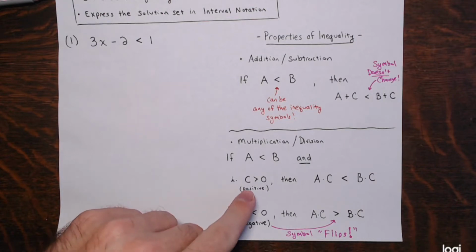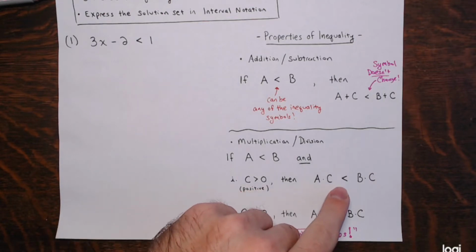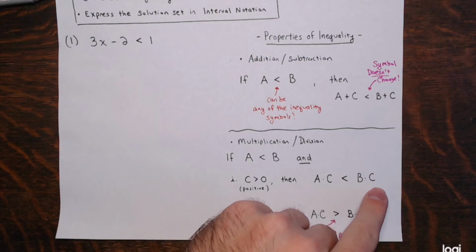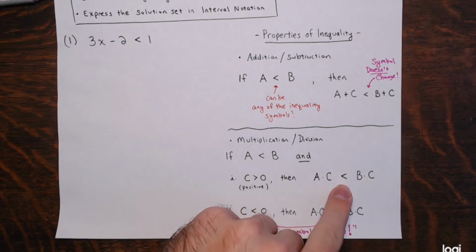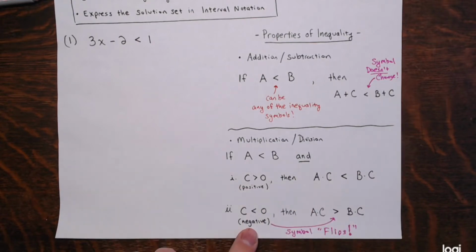If that number is positive, and we're multiplying or dividing by the same positive number on both sides, the symbol doesn't change. But if that number is negative, you multiply both sides by the same negative number or divide both sides by the same negative number, the symbol will change. The symbol will flip around.